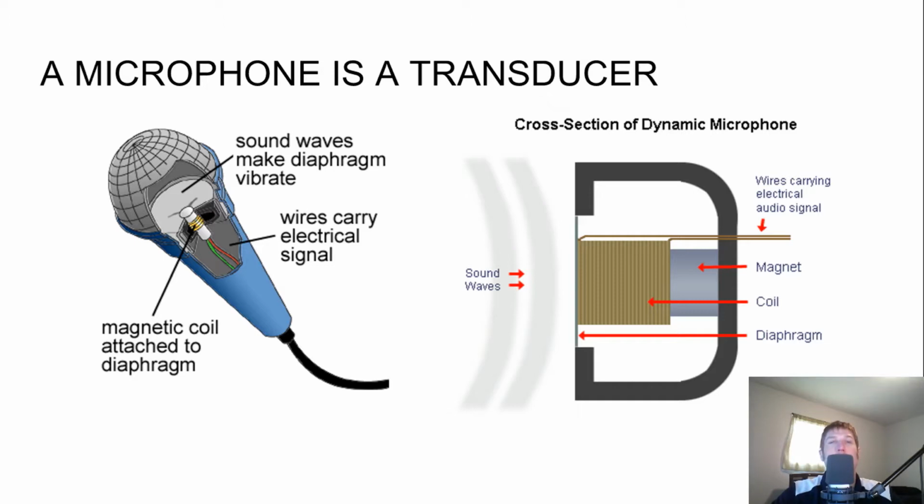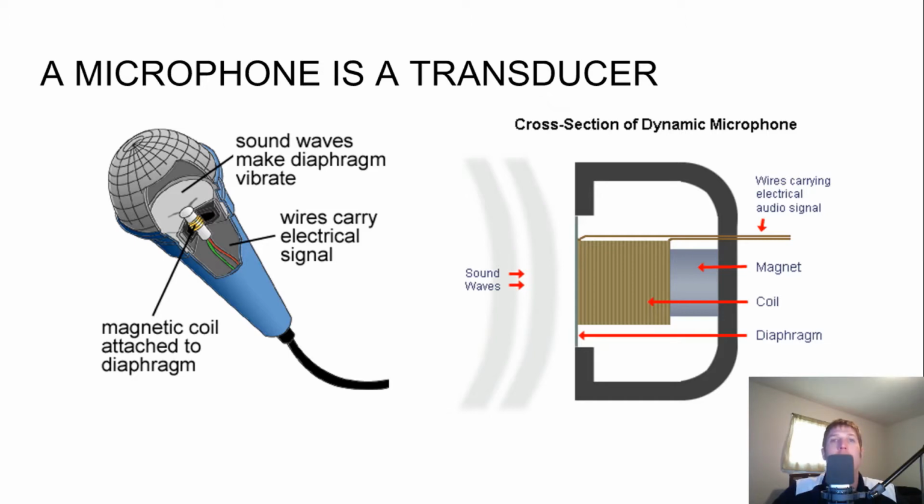A microphone is a transducer, which means it converts one type of energy into another. If you were to look inside the head of a dynamic microphone, you'd see a thin piece of material called the diaphragm. Attached to the diaphragm is a magnetic coil, and when the diaphragm vibrates from sound waves, the magnetic coil creates an electrical current proportionate to the sound wave.